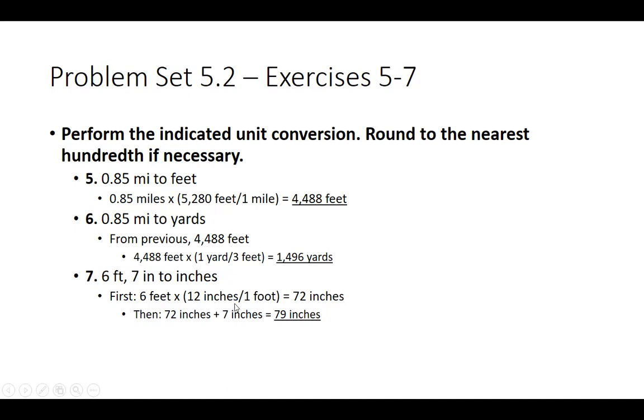Feet cancel, leaving us with inches. 6 times 12 divided by 1 is 72. So the 6 feet part is 72 inches. Adding the other 7 inches to that, we get 79 inches, 72 plus 7.